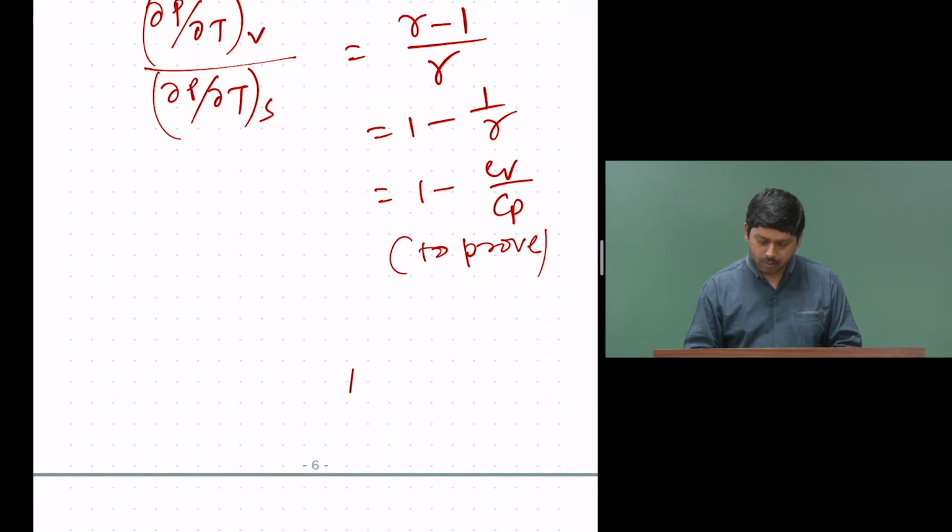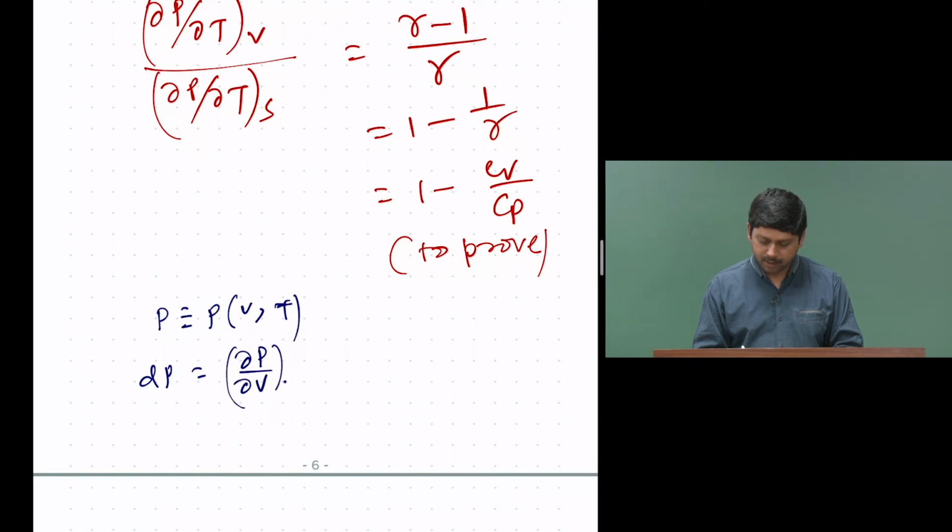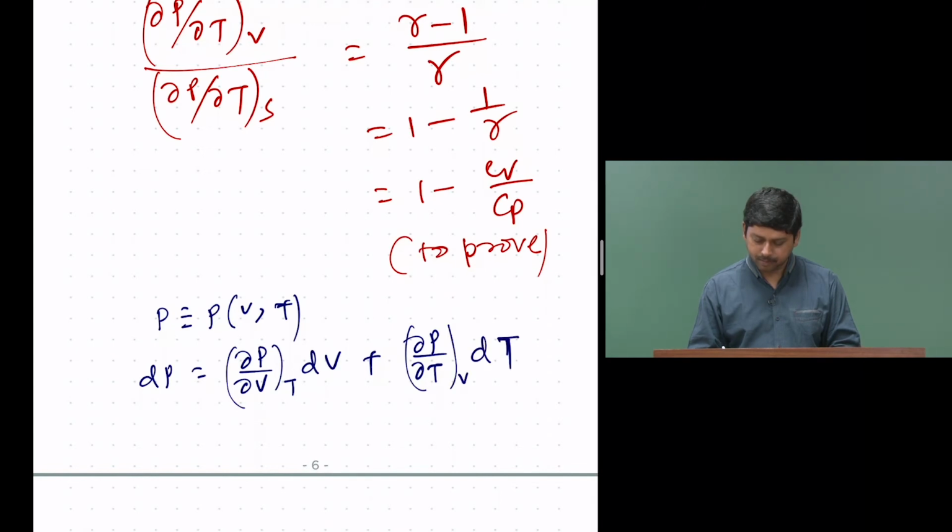Okay. So, we will use the same tricks that we used for the V problem. We can write P as a function of V and T, just like we did V as a function of P and T, and you can write dP as del P by del V at a constant T dV plus del P by del T dT.